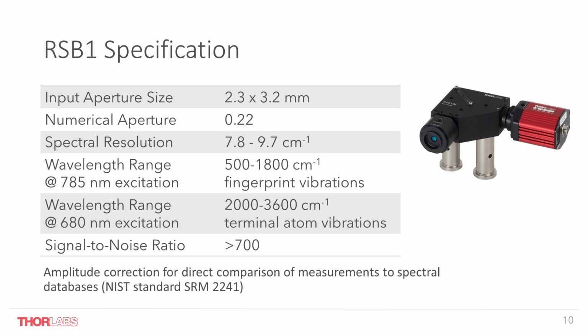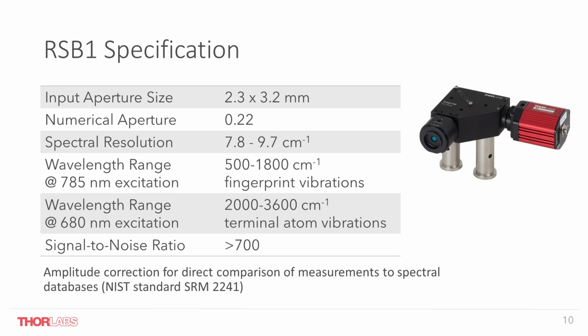It can be used with a 785 nanometer laser to cover the wave number range from 500 to 1800 cm^-1, where most fingerprint vibrations are located. Optionally, a 680 nanometer laser can be used to cover the high frequency range from 2000 to 3600 cm^-1, where mostly vibrations of terminal atoms are located.